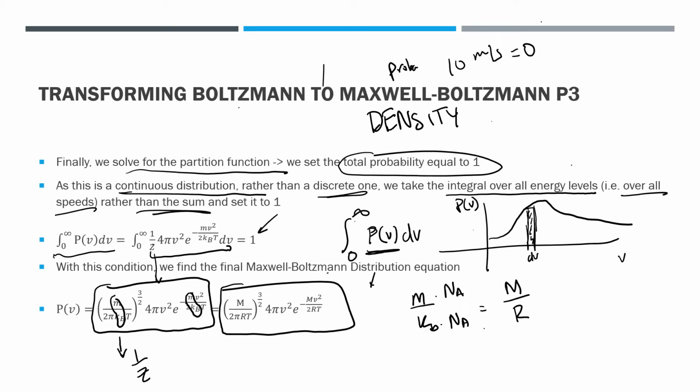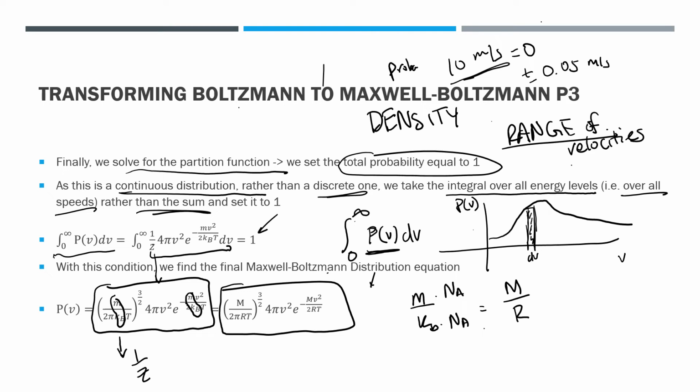But what we can do is we can find the probability of a range of velocities, right? We can find the probability of a range. Say I said, what is the probability of 10 meters per second, but you could have an error of 0.05 meters per second?